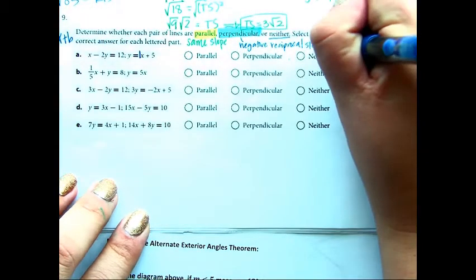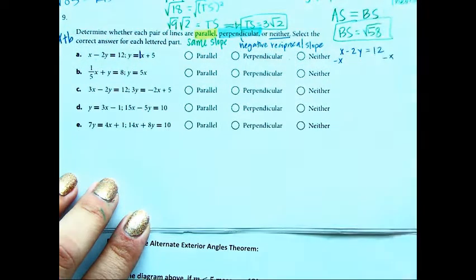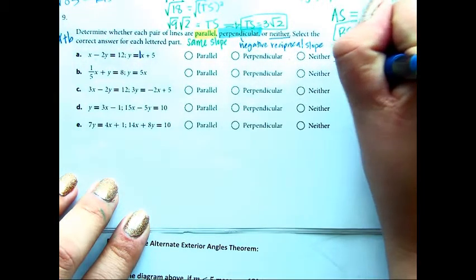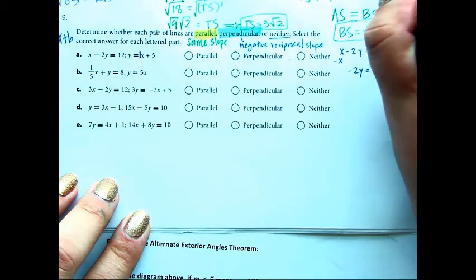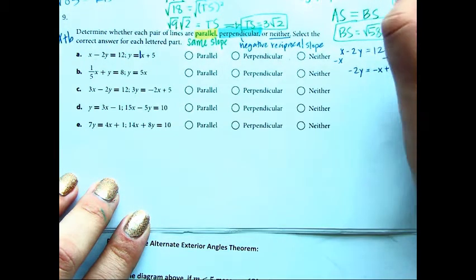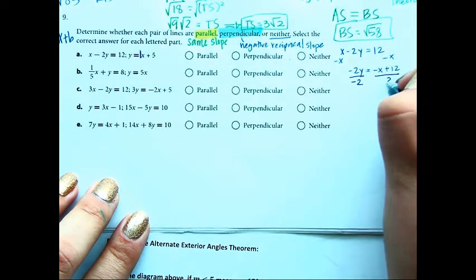So we have x minus 2y equals 12. I'm going to subtract x from both sides. Negative 2y equals, I'm going to place the x value first, so this is a negative x plus a 12, because the 12 is positive. I'm going to divide by negative 2 to both sides.